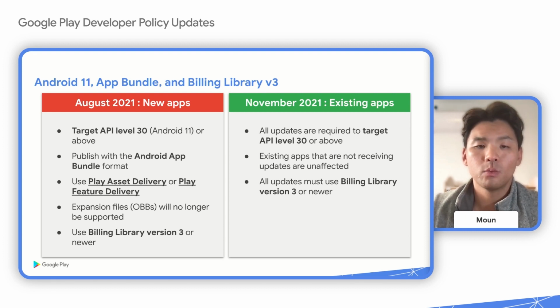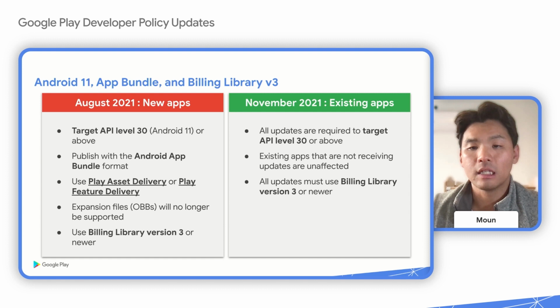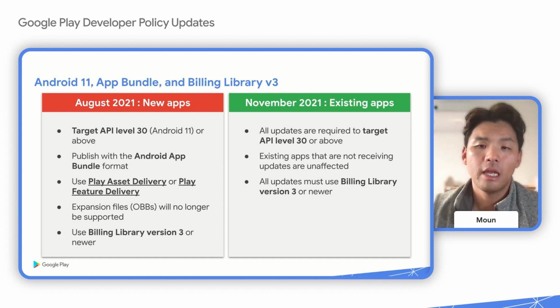Second, publish with the Android app bundle format and use Play Asset Delivery or Play Feature Delivery to deliver assets or features that exceed download size of 150 megabytes. Please note that expansion files, also known as OBBs, will no longer be supported for new apps. And lastly, new apps must use Billing Library version 3 or newer, as this includes new ways users can pay, subscription promotion capabilities, purchase attribution for games, and improvements to purchase reliability and security.